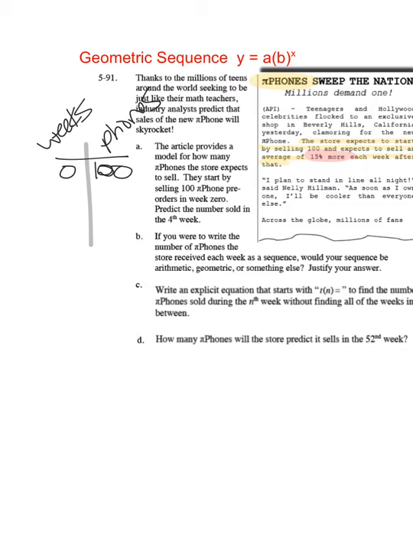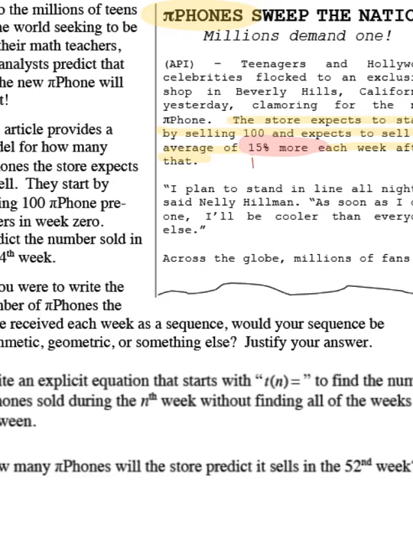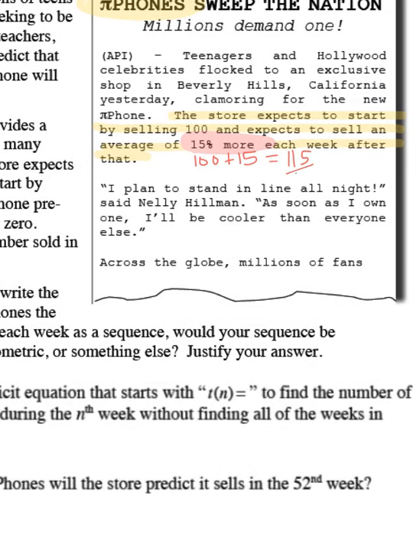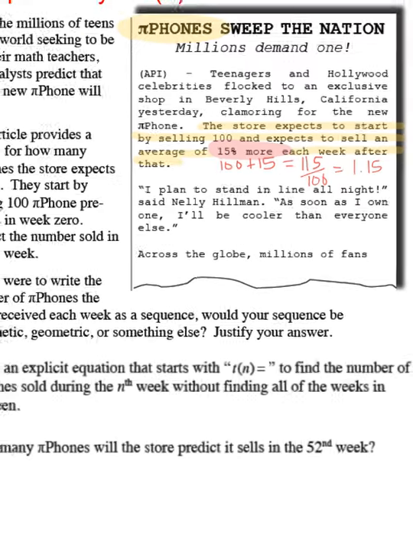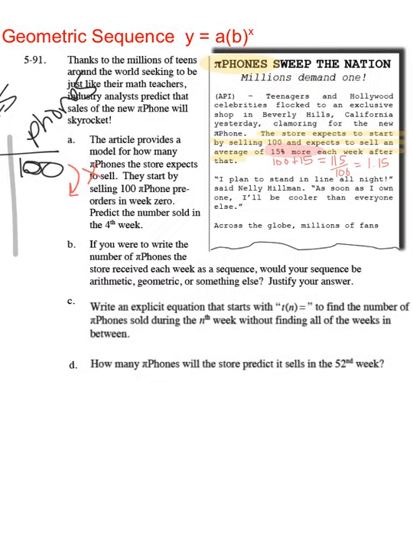If it has to increase by 15% more, that means my multiplier is not just 15, but from 100%, we get 15% more. So we're actually looking at 115%, and then we divide by 100, and our multiplier is 1.15 as a decimal. So in my table, I'm going to be multiplying by 1.15.